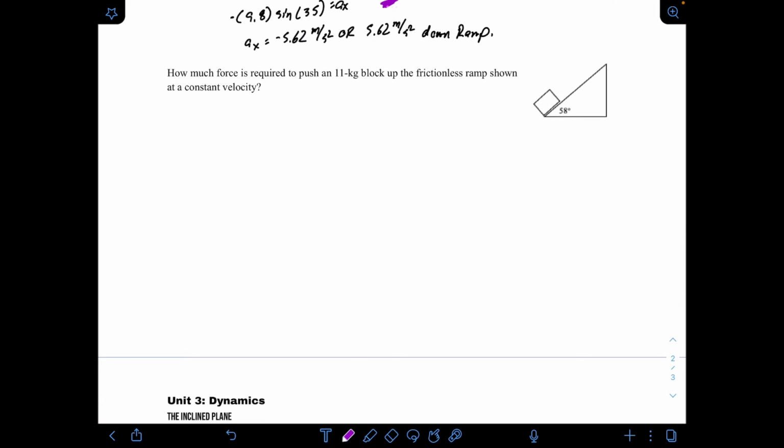Okay, we have another question. Again, a frictionless ramp, so there's not going to be any friction involved for us here. And so what we do is we do the same thing. We always approach these using a free body diagram. We have the Fg pointing down. We have the normal force pointing off at an angle over here.